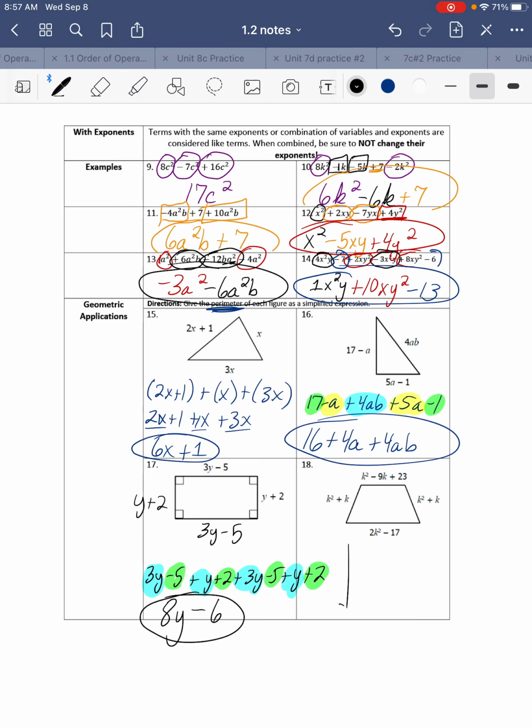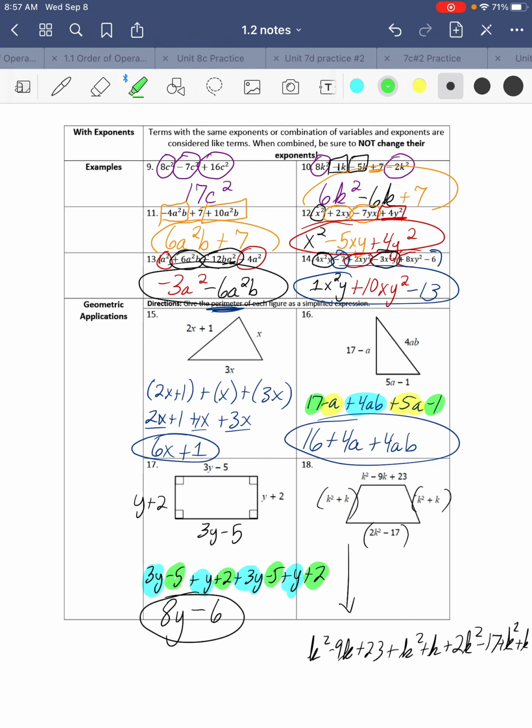Number 18, I'm going to write down below so I have more room. So we have k squared minus 9k plus 23 plus k squared plus k plus 2k squared minus 17 plus k squared plus k. Let's get our like terms together.